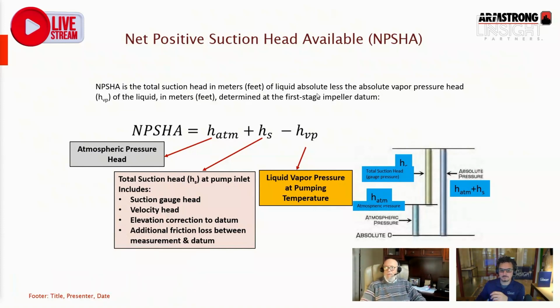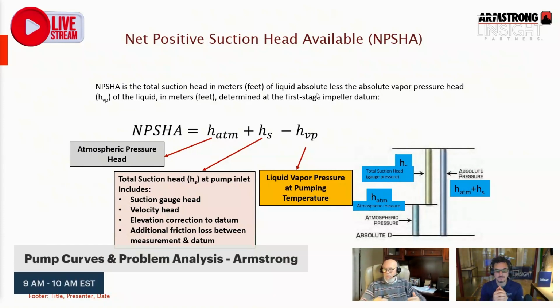So when we look at net positive suction head, or NPSH, keep this in mind: NPSH charts are always written in absolute pressure. They are not written in gauge pressure. So this is the formula for calculating NPSHA.